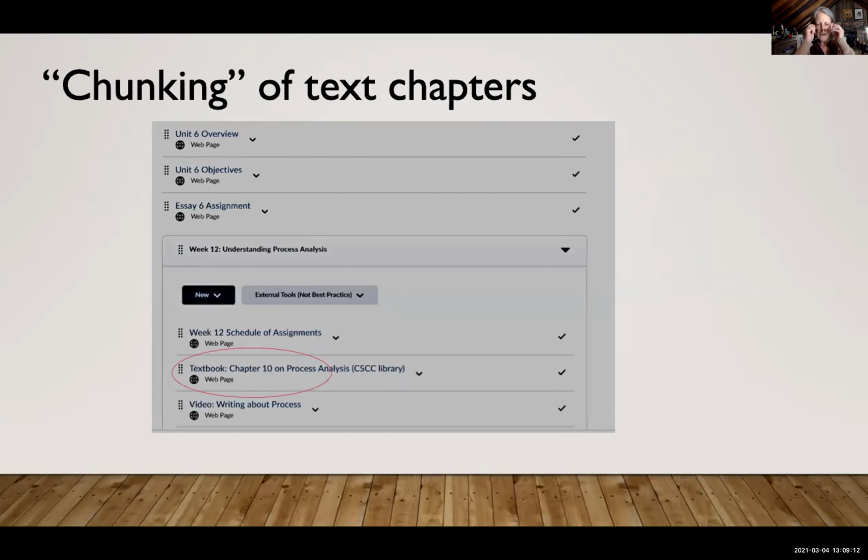I can also chunk it with other similar material, for example, a video, a quiz, an assignment, and this just keeps everybody on the same page and up to speed. Of course, my students will also have the textbook as a whole available to them, which they can download or they can read online.